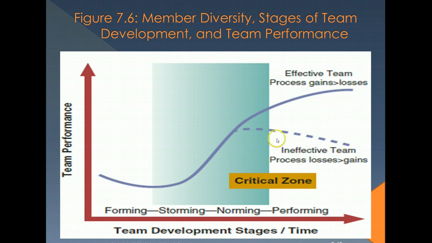But if a team becomes ineffective after these stages and during the performance stage, they become less effective, and it can get to a point where the team is just not going to solve the problem. They're going to need to be disbanded and move on. Just a little slide on that development.